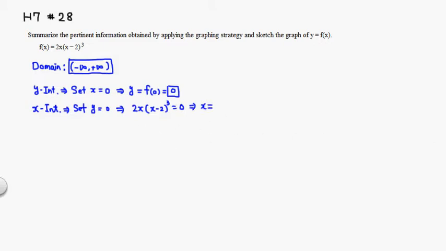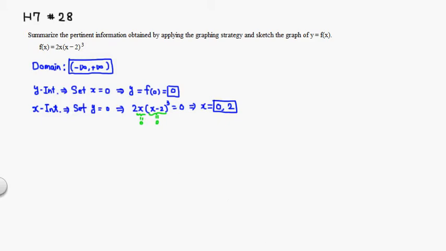We can set 2x equal to 0, so we get x equals 0. And we can set the other factor x minus 2 equal to 0, so x is going to be 2. So the x-intercepts are 0 and 2.